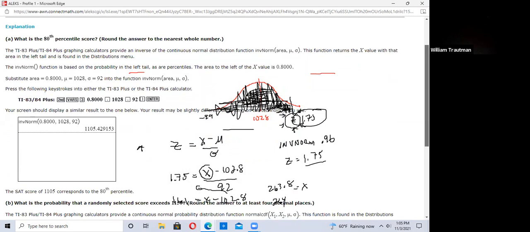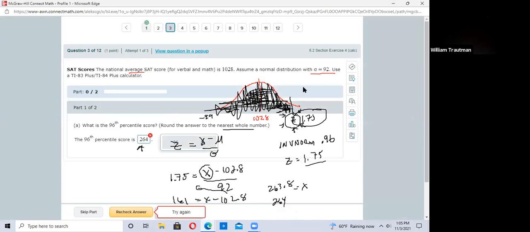They actually got us. Oh, that doesn't make sense. We can just do the inverse norm for that, but we should have still got the same answer.